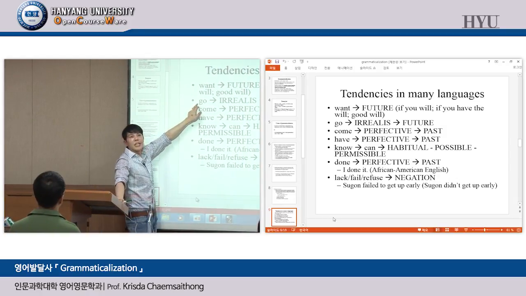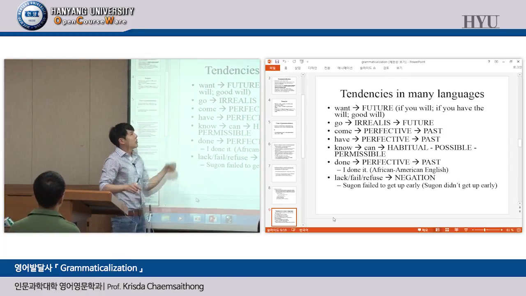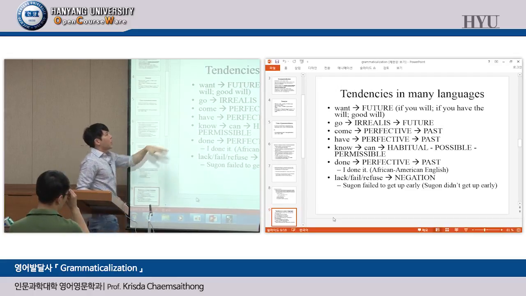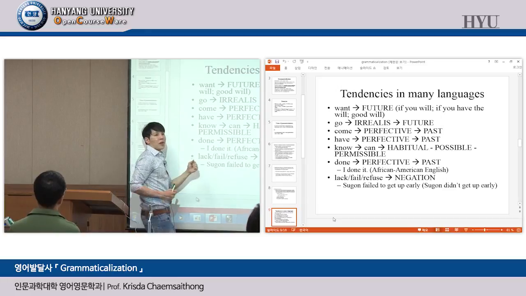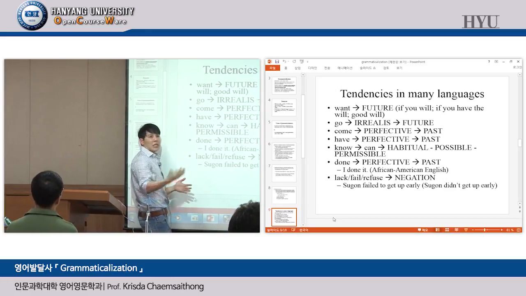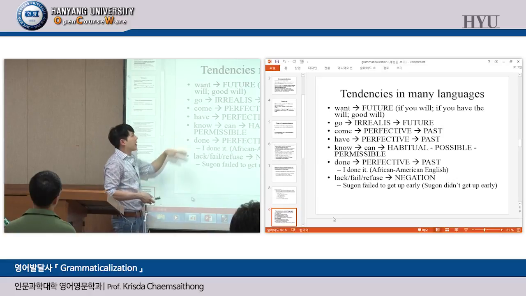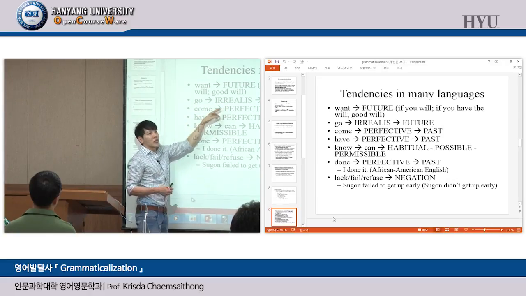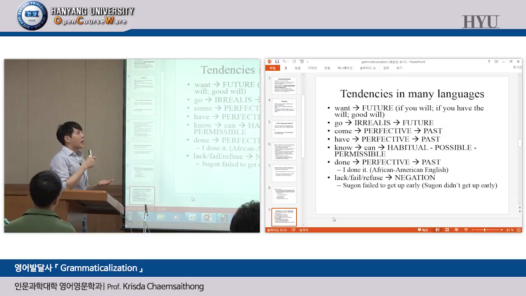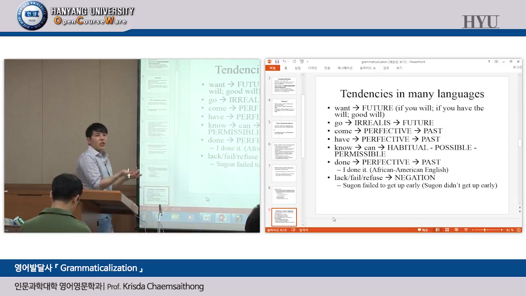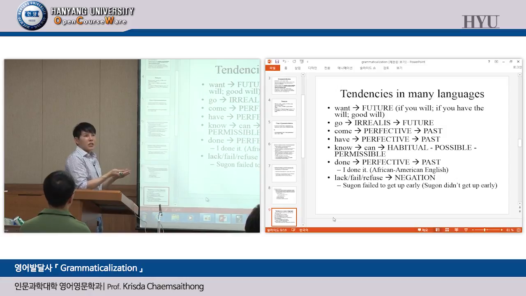This is what we have in English. I will explain go perhaps in 10 minutes from now. So go, actually the verb of action to move from one place to another place, a verb of movement, becomes an irrealis marker, for things that are not factual, and then a future marker, because future is not fact.